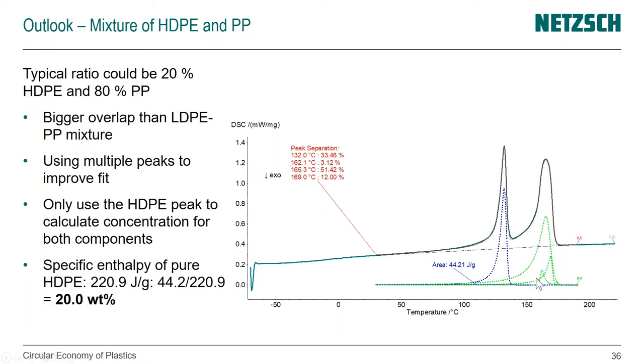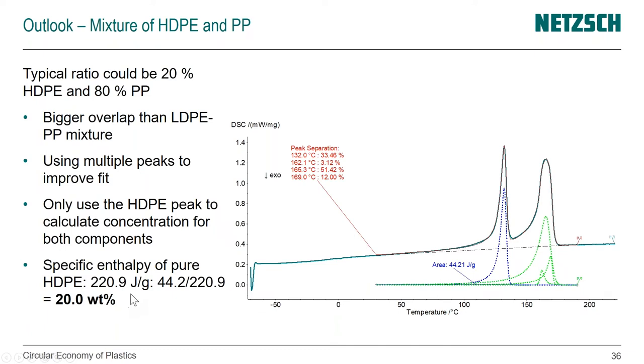But as long as these smaller peaks are within one larger peak, this is a valid thing to do. And we can only use the HDPE peak to calculate that percentage. So we have a bigger overlap than in the LDPE mixture. You see, we're not going back to the baseline. The multiple peaks can be used to improve the fit, and we only use this HDPE peak to calculate the concentration for both components.